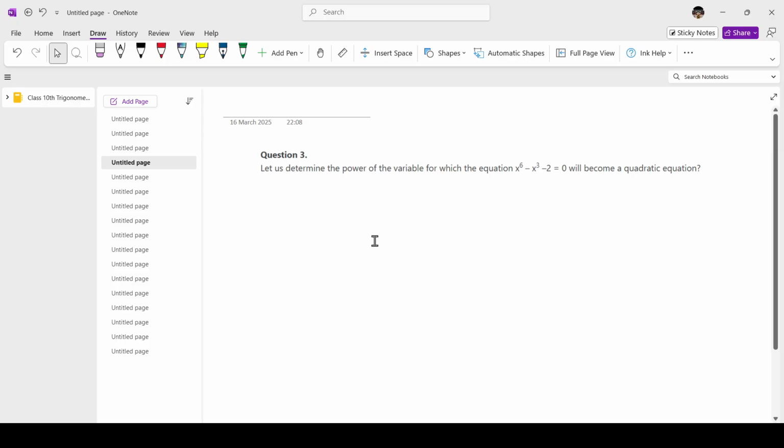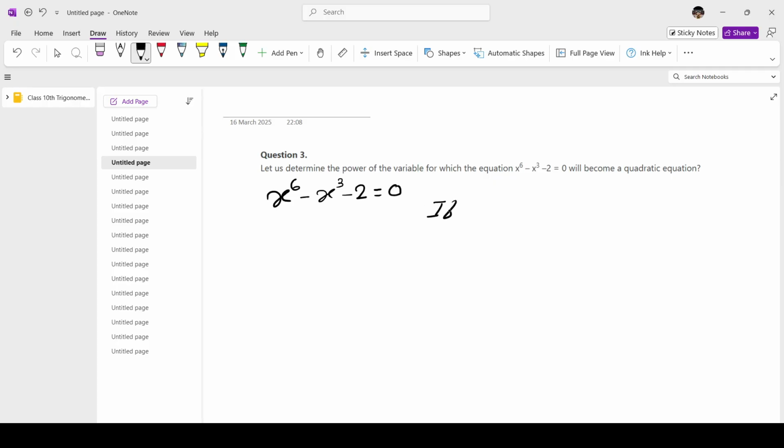Here the question has asked that you are given the power of the variable for which the equation will be quadratic. Okay, means we have to make the power 2. So if we take x cube to be y, we can write x cube whole square minus x cube minus 2 is equal to 0.